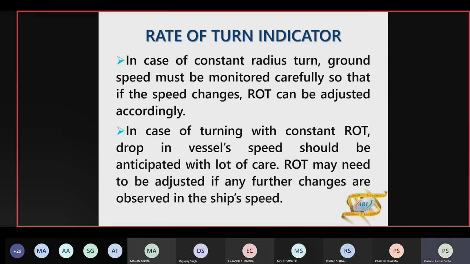So if we are going in or out, we have to manage the turn accordingly. So constant ROT में it is not necessarily constant all the way. Initial तो आप दे दोगे, but monitoring के बाद it may require little bit of changes here and there, either reducing ROT or increasing ROT. It may be required.